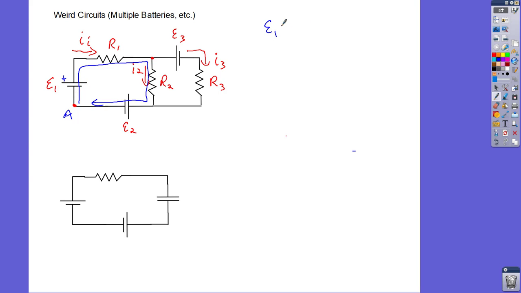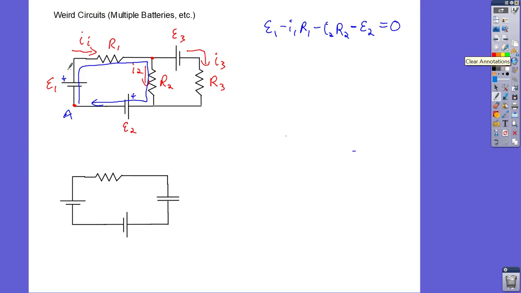In the direction of the current is going to be minus I1 R1. In the direction of the current there is going to be minus I2 R2. And with this EMF, you have to be careful because that's going to be a negative because you're going from the positive to the negative. So that's going to be minus E2. All those equal 0. So that's one equation that you can have.